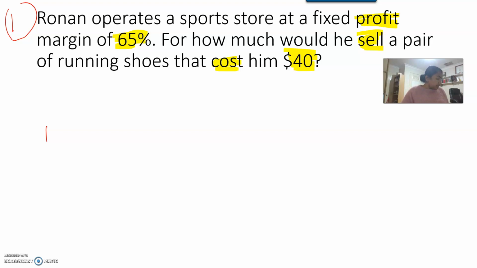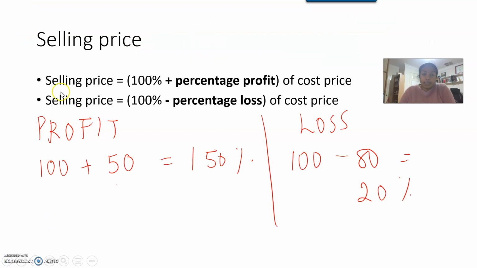Okay, so just give me 1 second, let me just have a look properly. Okay, so this is related to the previous slide here. So if we look at this, the selling price is 100% plus the percentage profit, how much he wants to make of the cost price. And it could be the percentage loss as well. So you have to look at the question, be like, are we talking about percentage profit or are we talking about percentage loss?